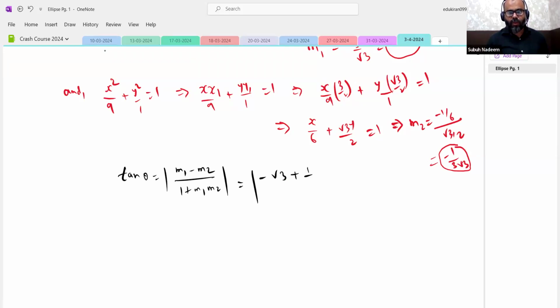So this will become plus 1 by 3 root 3 upon 1 plus minus root 3 into minus 1 by 3 root 3.